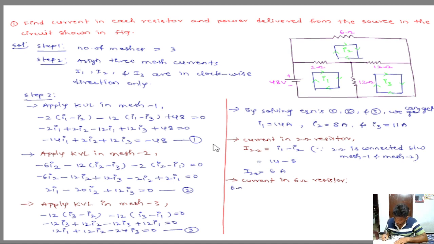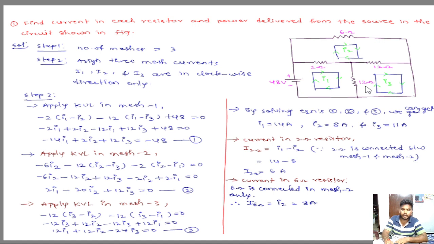The 6 ohm is connected in mesh 2 only. Therefore, I 6 ohms is equal to I2, the mesh 2 current, that is 8 amperes. Is this clear?